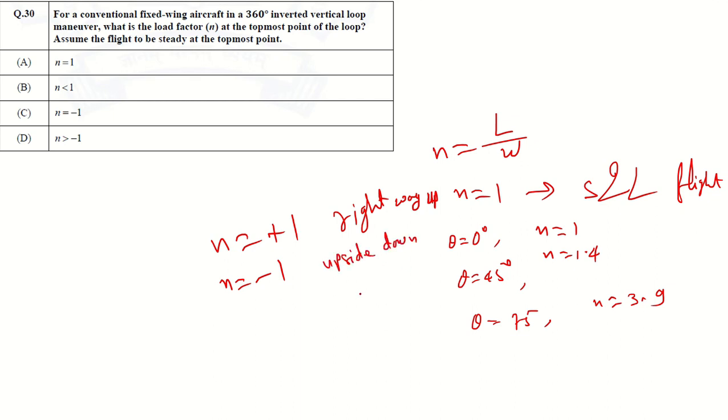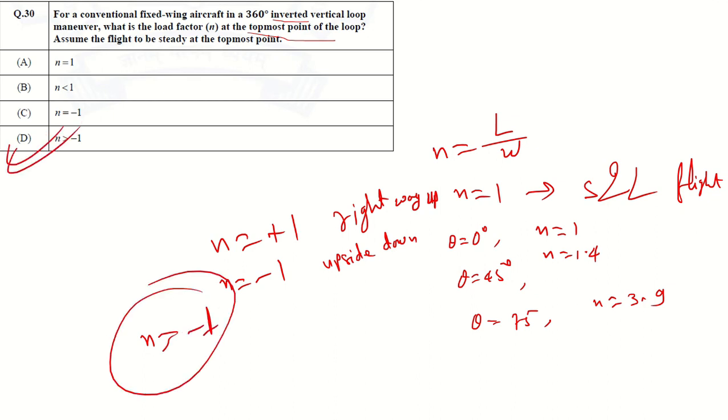So here it is given inverted vertical loop. Inverted means upside down, so it must be N equal to -1 at the topmost point of the loop. Assume the flight to be steady at the topmost point. So at the topmost point, N is always greater than -1. This is the right option.